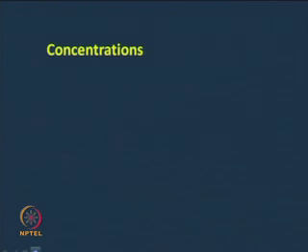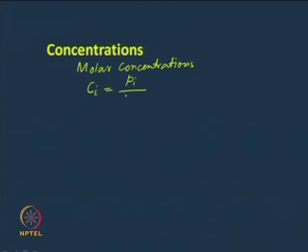The other concentration representation is the molar concentration. It is defined as Ci for component i is equal to Pi by RT.